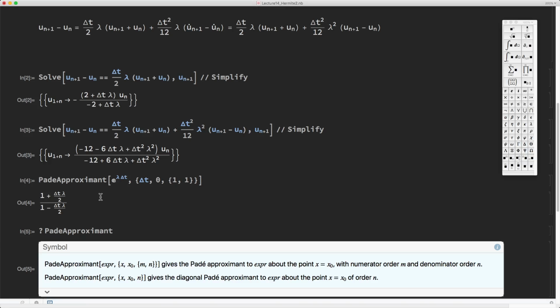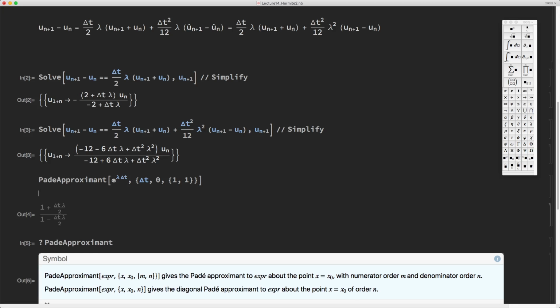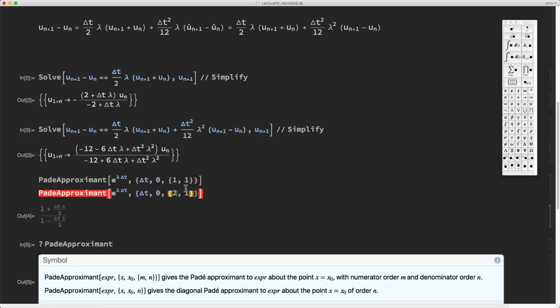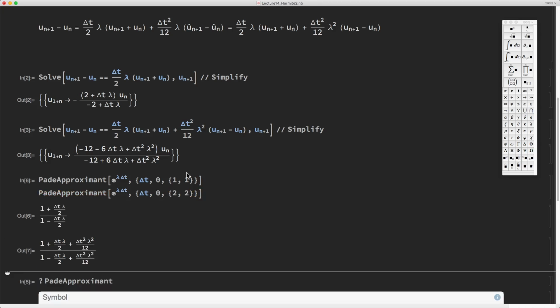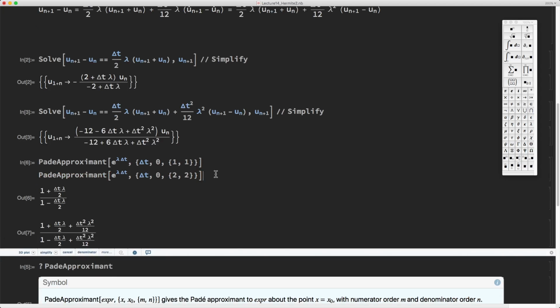So the 1, 1 approximation means we have a first order polynomial in the numerator, first order in the denominator. If I request a 2, 2 approximant, then I have a second order polynomial here, a second order polynomial here in delta t.